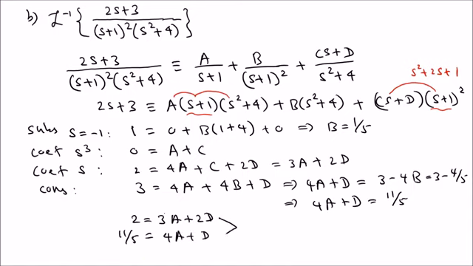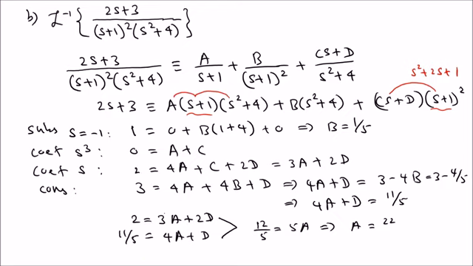I'm going to multiply the second one by 2 and subtract the first one. Once you do that, you get 12 over 5 equals 8a minus 3a, 5a. So this is going to give you the a. So a equals 22.